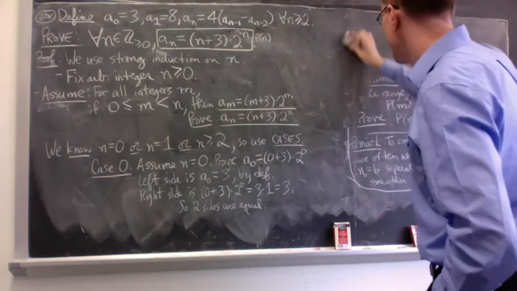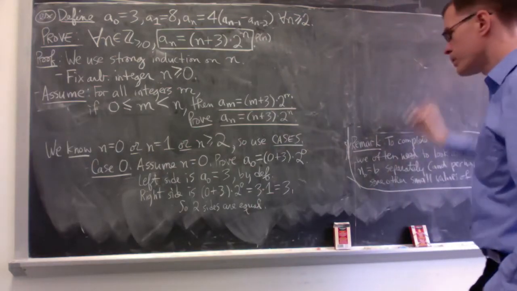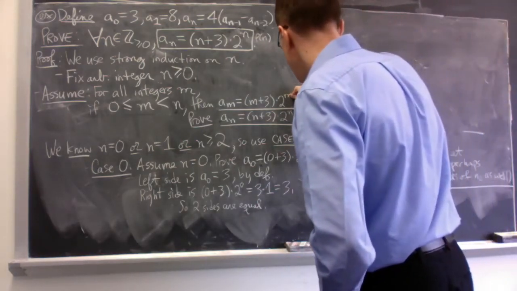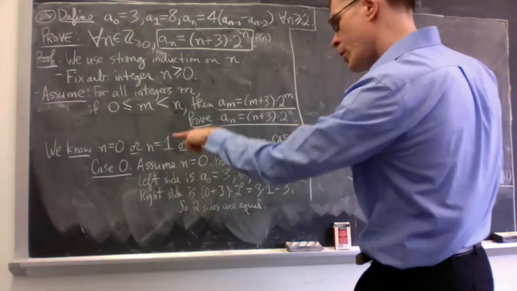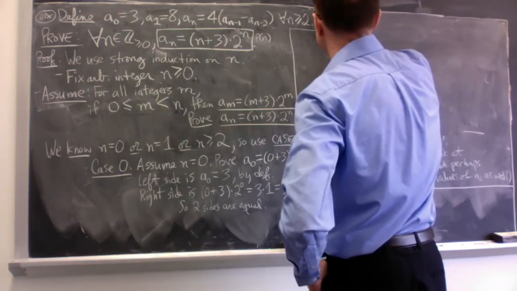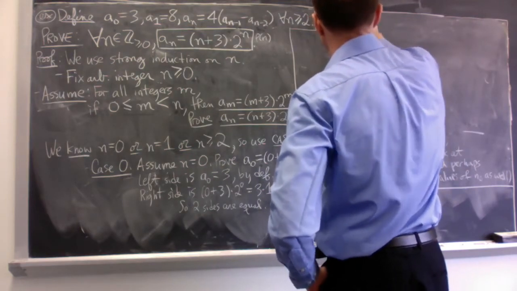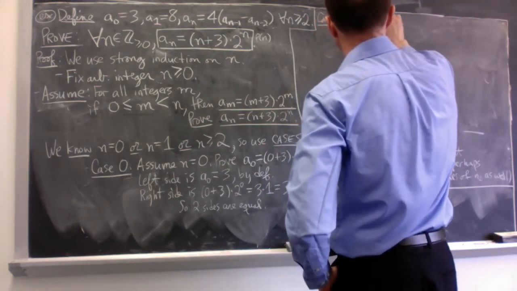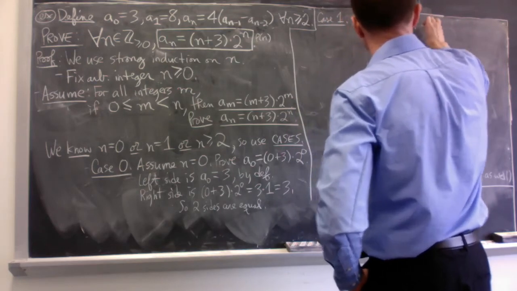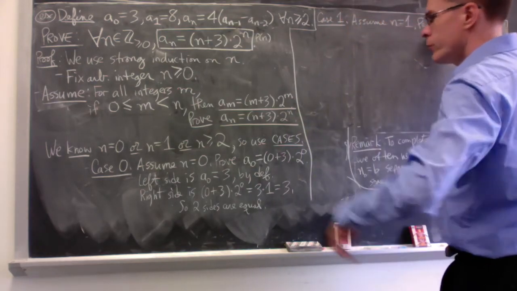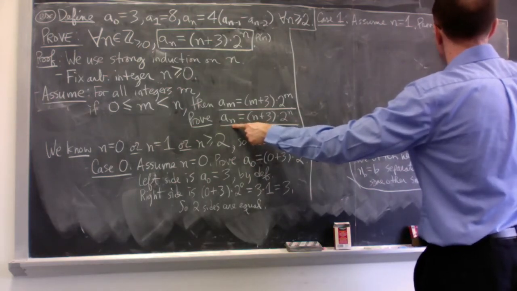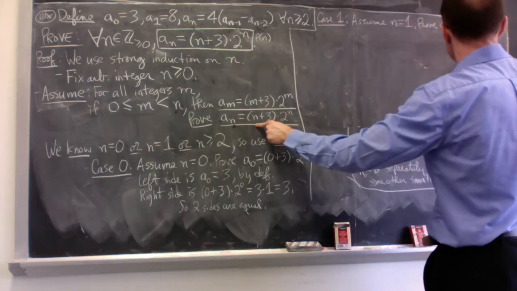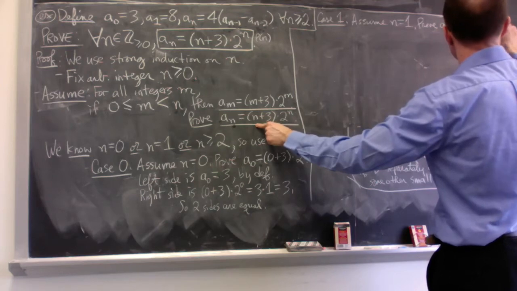Let's go on to the next one. Let's call this one case 1. Assume n equals 1. Prove, and here's the goal, still the goal, but now n is 1, so we have to prove a1 is 1 plus 3 times 2 to the 1.